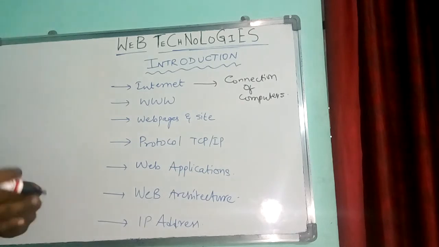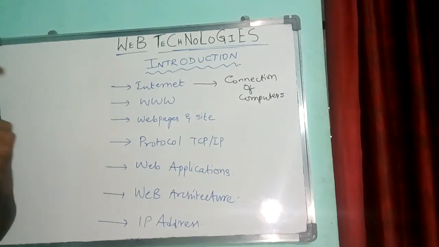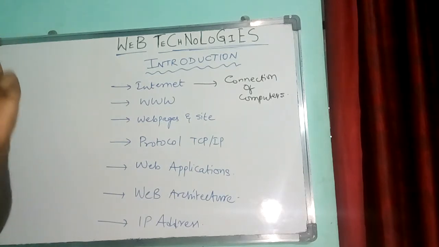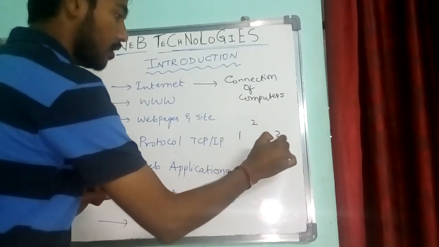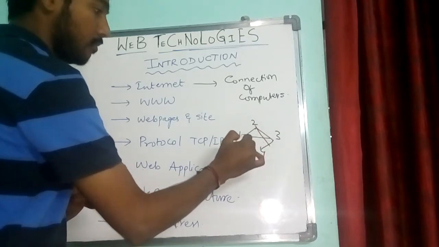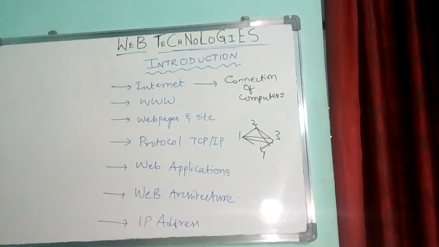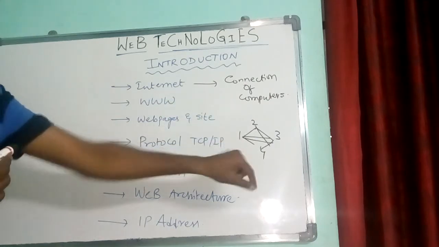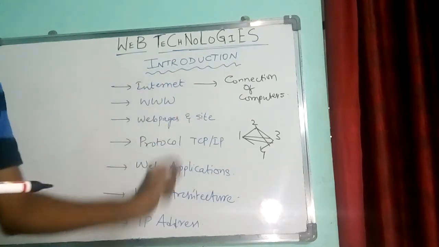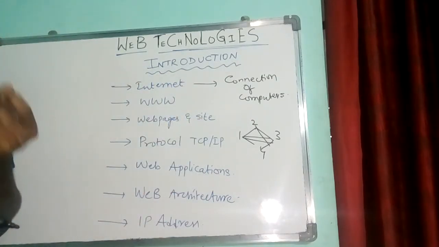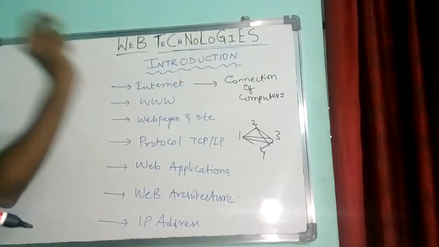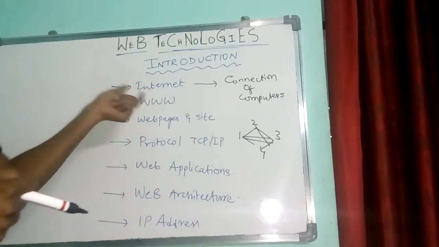That means if I have 4 to 5 computers, and I have a connection between them, then these computers can exchange information from one computer to another. So the internet is acting as a medium for transfer of information from one computer to another. That connection which we need is called internet.